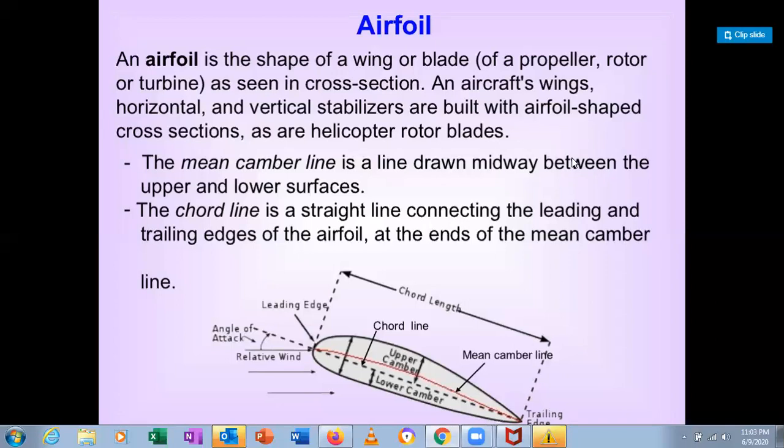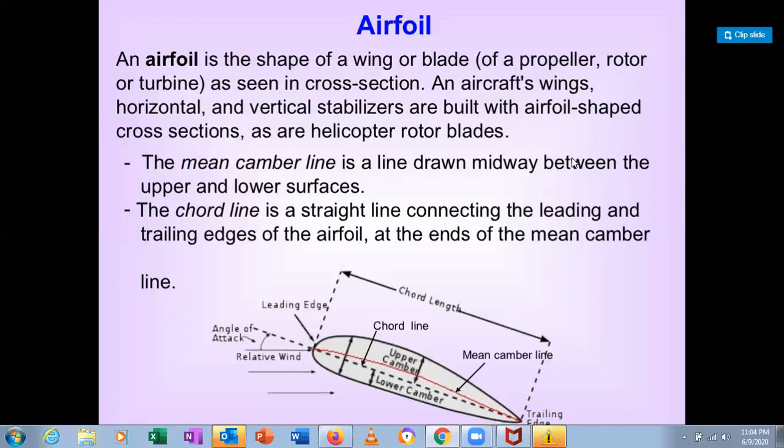In the tail section, what type of airfoils are used? Symmetric airfoils, not cambered airfoils, because in a symmetric airfoil at 0 degrees there will be no lift. But in a cambered airfoil, at 0 degrees, and even at a negative angle, we can still see lift.